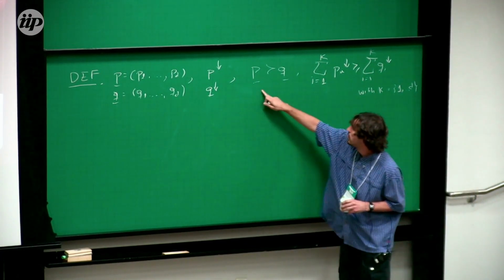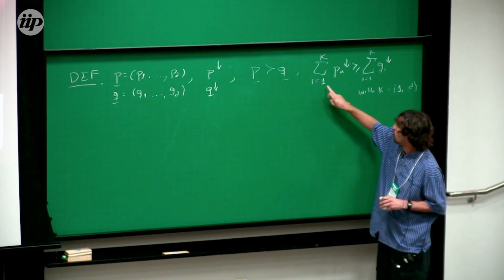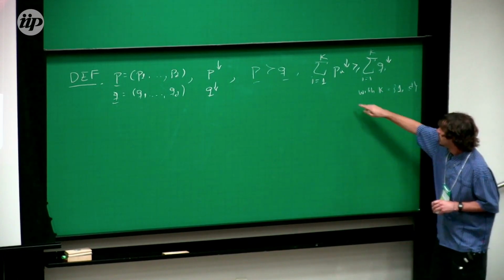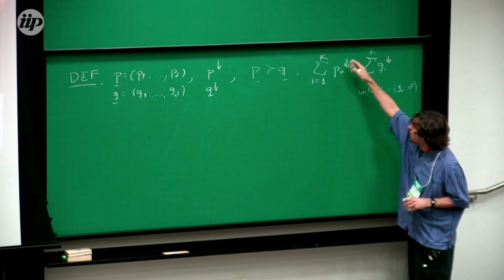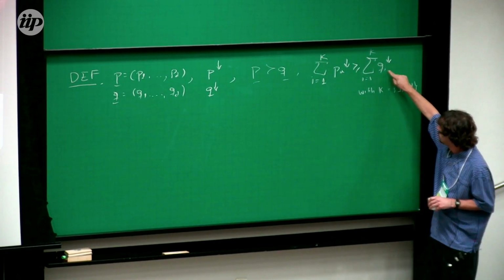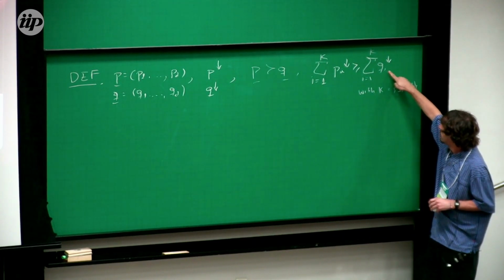We say that P majorizes Q if its partial sum, running from 1 to K, where K is just an index which goes from 1 to D, of the probability vector P ordered in non-increasing order is greater or equal to that of the probability vector Q, also ordered in non-increasing order.